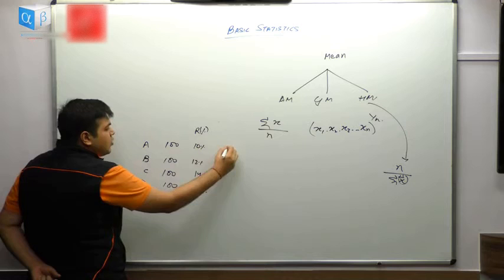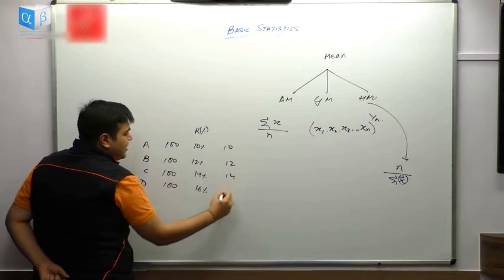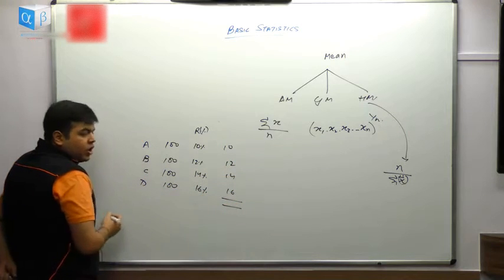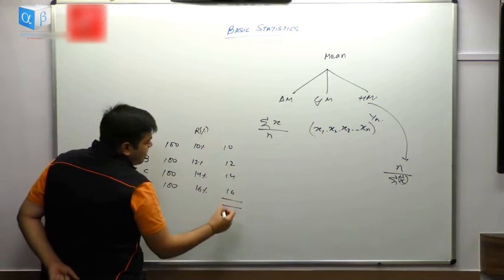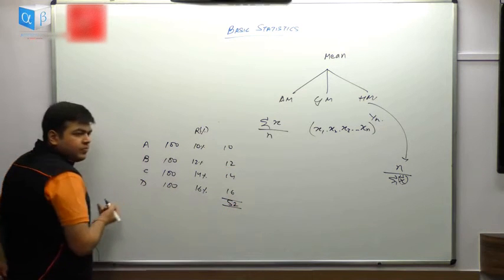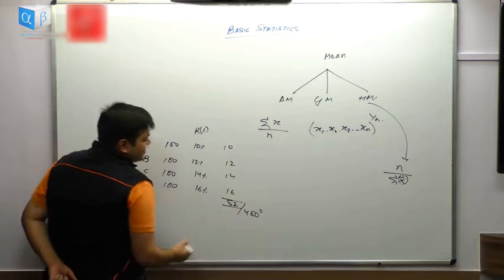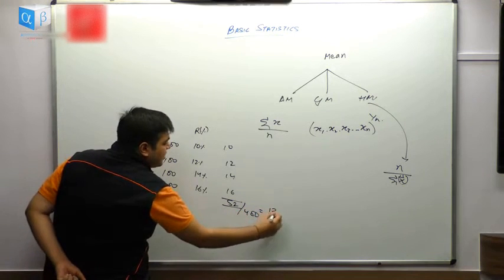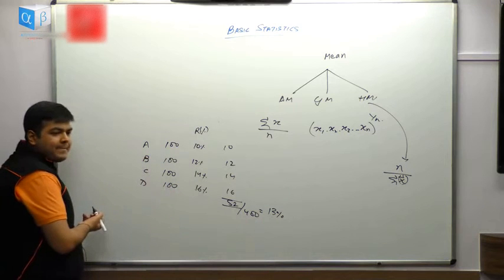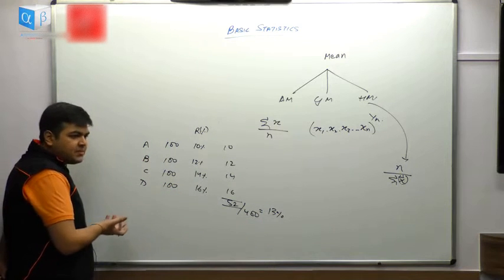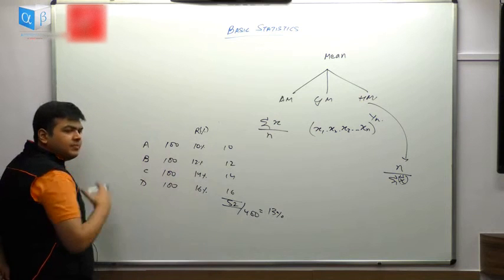So on 100 you earn 10, 12, 14 and 16. Your total income generated would be 52. You earned this 52 on a 400 investment, so your average return is going to be 13%. This is very simple. That's your average return.